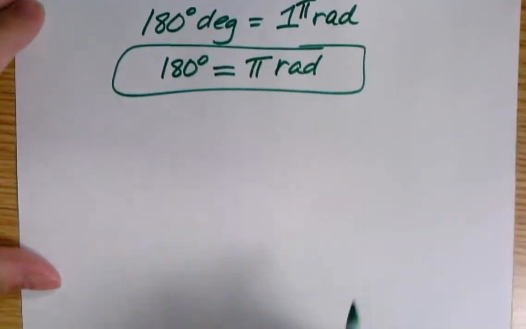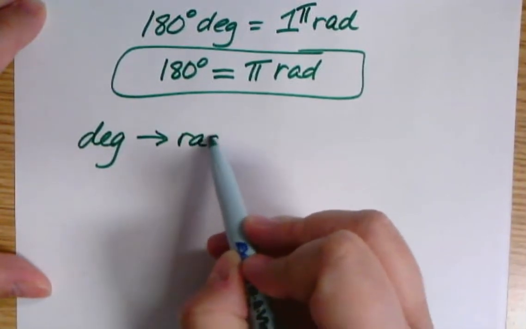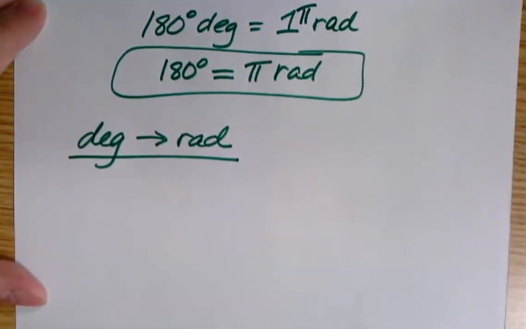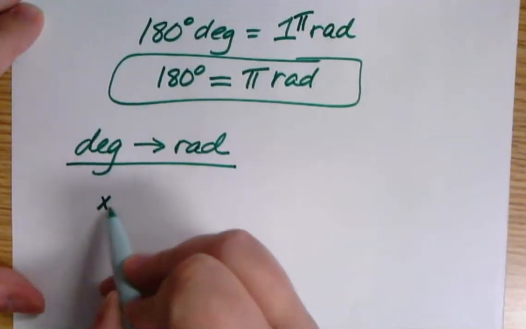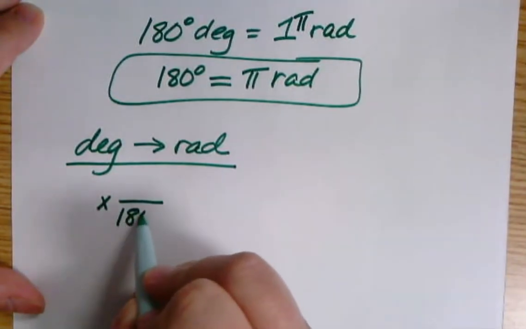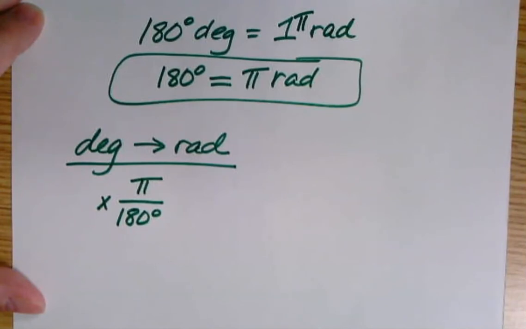If I want to go from degrees to radians, that's like saying I want to divide out the degrees. So I'm going to put the 180 in the denominator and the pi up top.